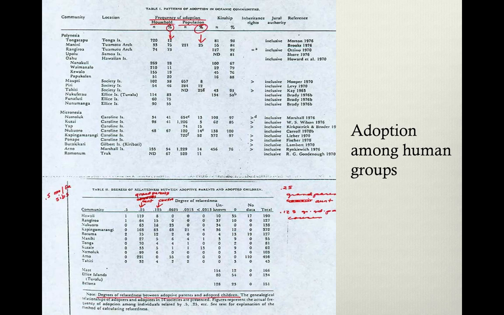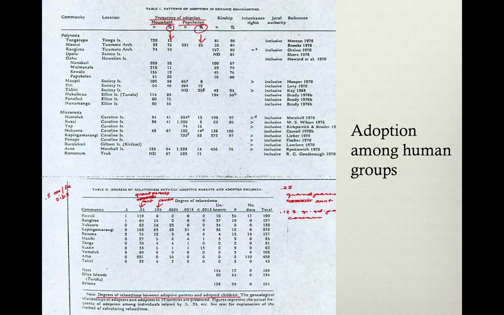When we look at adoption among human groups, we find that by and large, adoption is not occurring among unrelated individuals, that it is occurring among a distinct category of individuals. And really, when we look cross-culturally, there's a lot of adoption done in Melanesia and Polynesia.